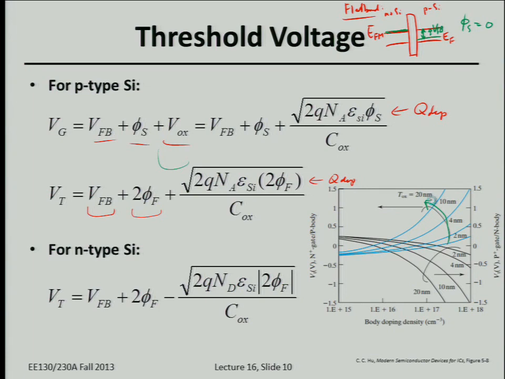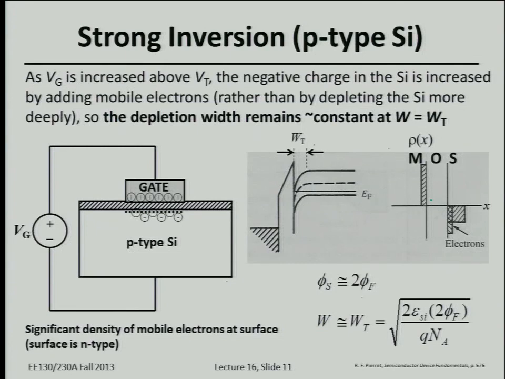Okay, so what happens when you go beyond inversion? Once the surface becomes heavily n-type, in a transistor you'll have some heavily doped n-type regions nearby. They can easily supply electrons in and out of that inversion region.